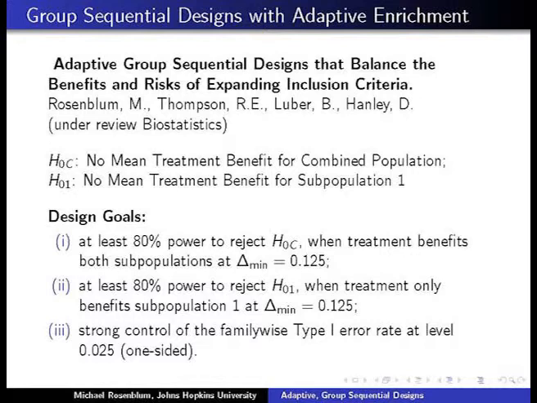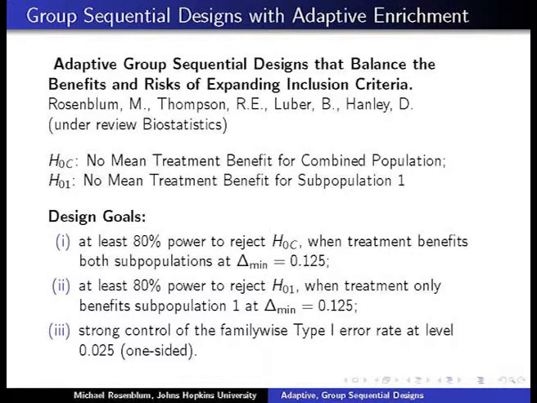So if you get that benefit in both populations, I want 80% power to detect that effect globally, to reject the null H0C. I'd also like the design to have 80% power to reject the null hypothesis for just subpopulation 1, if it's only that population that benefits. So those are the two goals.